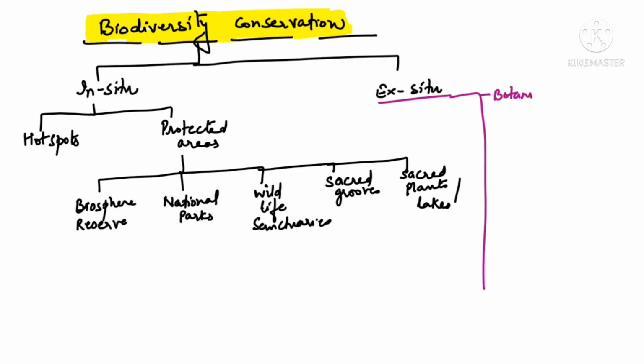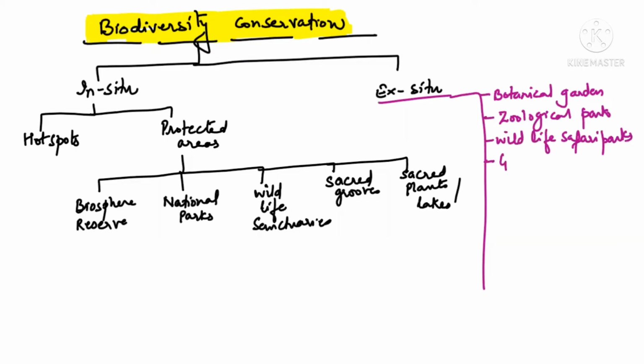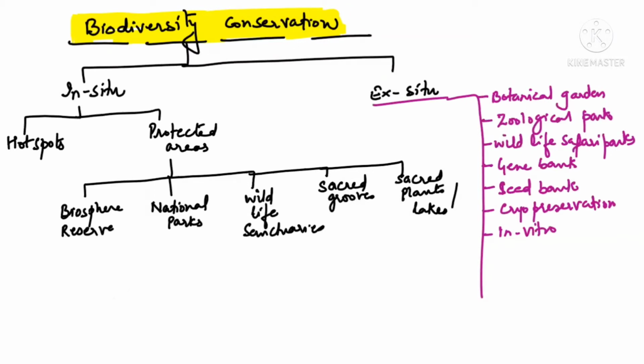There will be botanical gardens, zoological parks, wildlife safari parks, you are having gene bank, seed bank, cryopreservation, in vitro fertilization, and tissue culture.